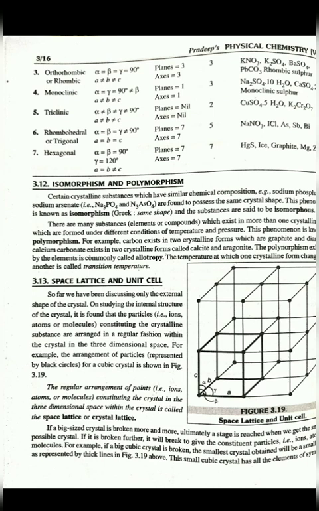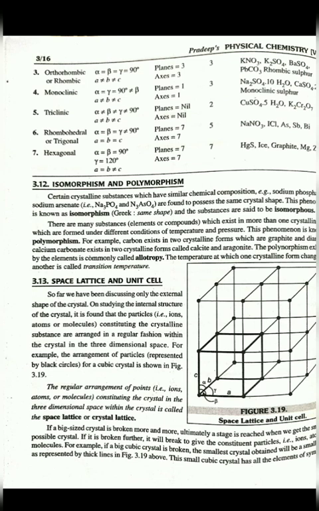Fifth, triclinic. Alpha not equal to beta not equal to gamma not equal to 90 degrees, a not equal to b not equal to c. Null plane, null axis. 2 point groups. Example: CuSO4.5H2O, K2Cr2O7. Sixth, rhombohedral or trigonal. Alpha equal to beta equal to gamma not equal to 90 degrees, a equal to b equal to c. 7 planes, 7 axes and 5 point groups.